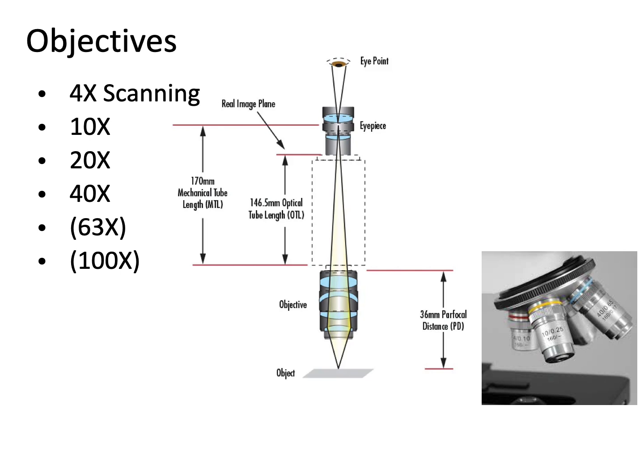Usually they come with a 4 times objective, the scanning objective, then a 10 times, and then a 20 and/or 40 times objective. This is the power of magnification of these different objectives. Keep in mind with the illustration in the center, when we're talking about compound microscopes, there are also the eyepieces or ocular lenses, which are usually 10 times.